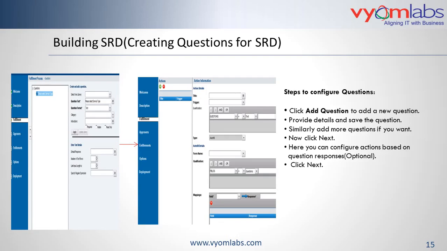If you want certain actions to be performed for certain question answers which the end user gives you, you can configure it here, but we will not go deep on this because this is one of the advanced features from Service Request Management. So we'll click on Next.